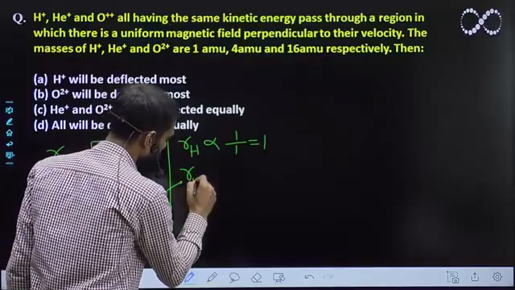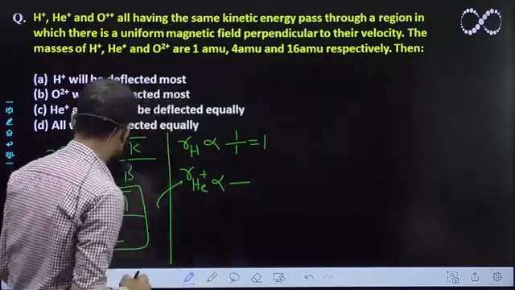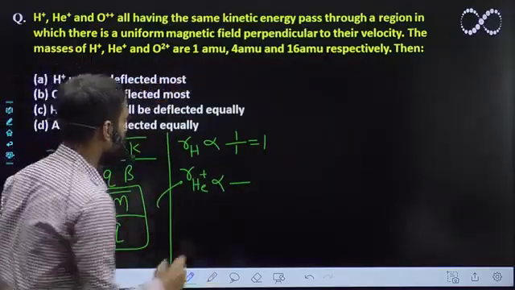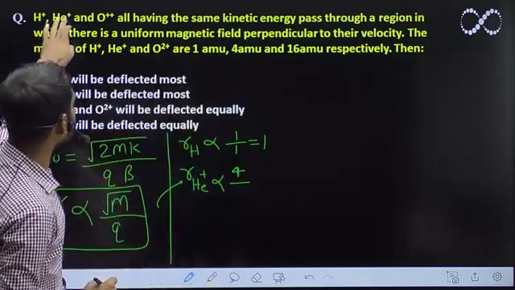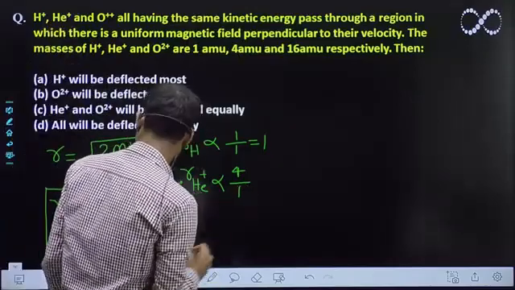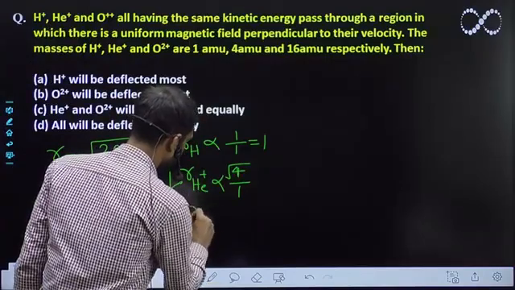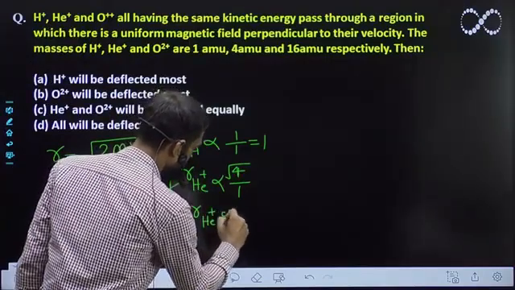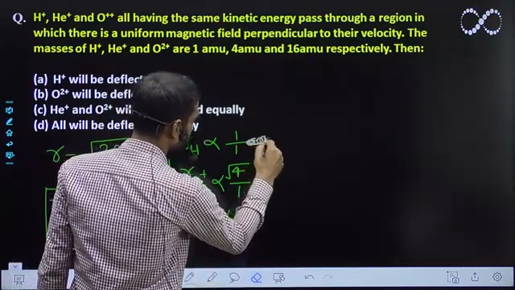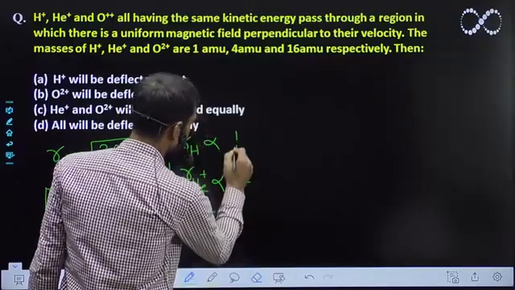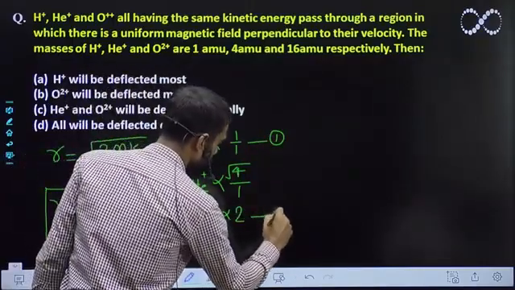R of He is directly proportional to root of the mass of helium, which is 4, upon the charge of helium, which is plus 1. So the root of 4 gives that the radius of helium plus is directly proportional to 2. Let us call the first equation 1, and this one equation 2.